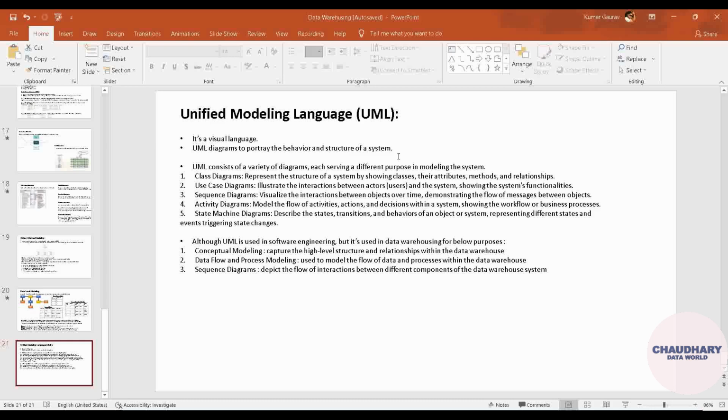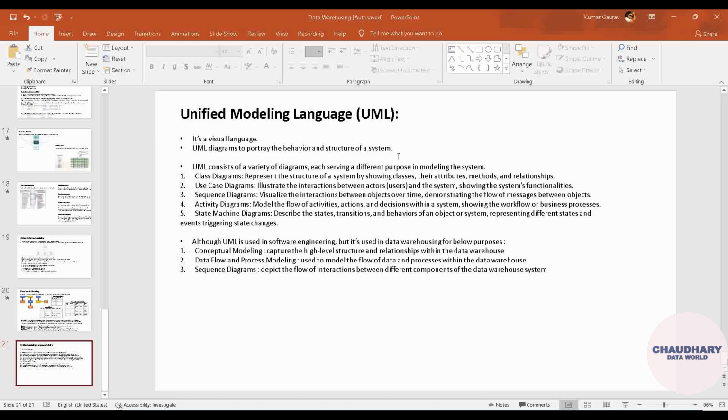Now this system may be the data warehouse system in which all of your data models or all of your data flows will be represented. Why is this UML, the abbreviation of unified modeling language, used? Why is it used in data warehousing or any other field?